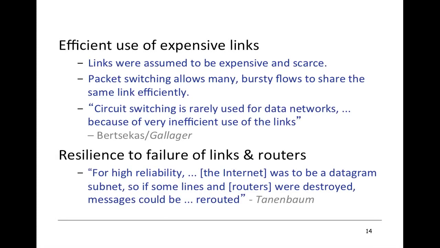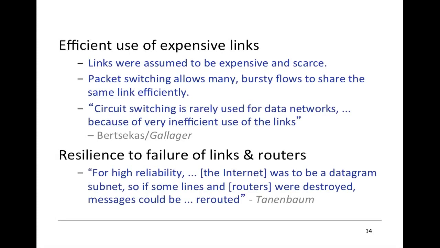The second big reason for using packet switching was that it's widely felt that packet switching allows for more resilient networks, resilient to the failure of links and routers. The reason for this is that because each packet is individually routed along the path, if something breaks, a link breaks or a router breaks, then, because we have no state in the switches for this particular flow, we can simply send the packet on a different path.